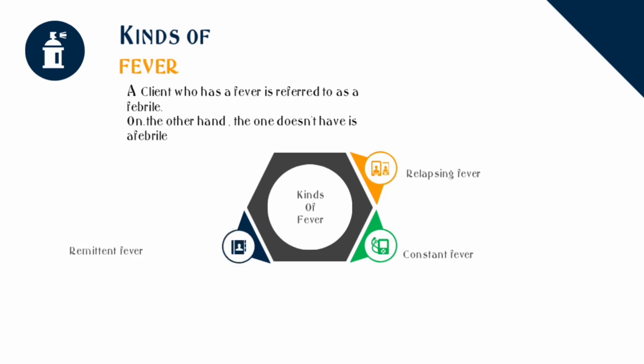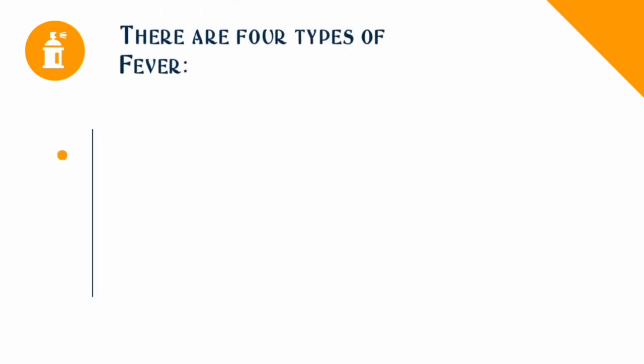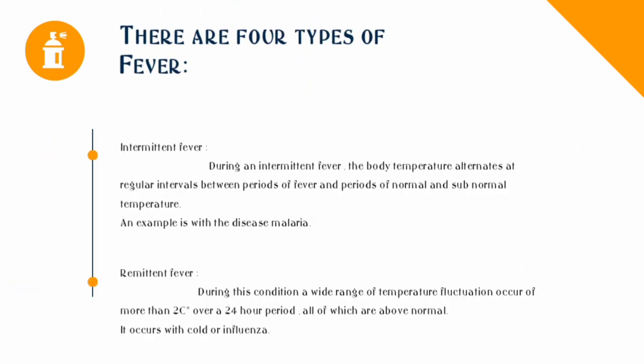There are four common types of fever: intermittent fever, remittent fever, relapsing fever, and constant fever. During an intermittent fever, the body's temperature alternates at regular intervals between periods of fever and periods of normal or subnormal temperatures.